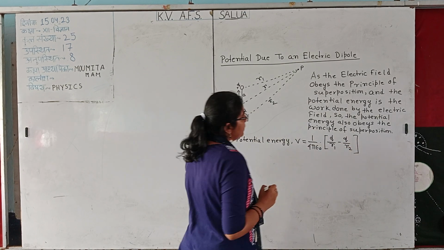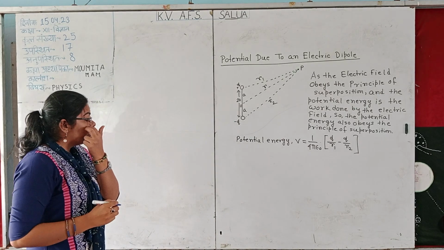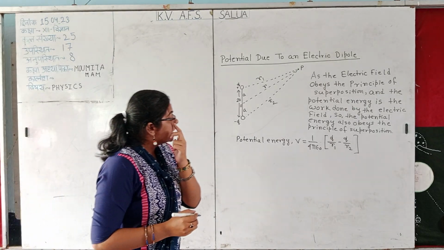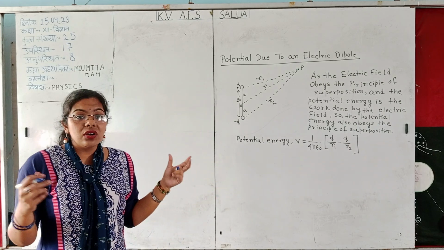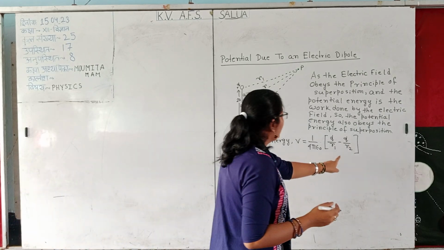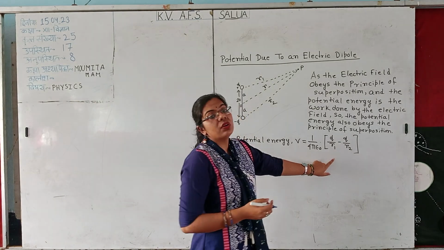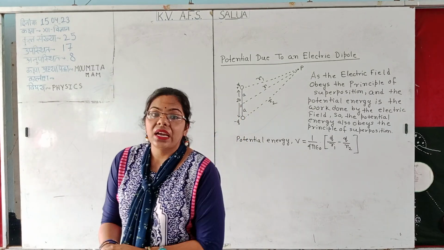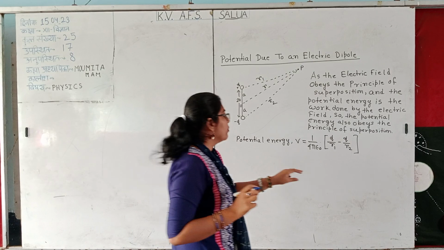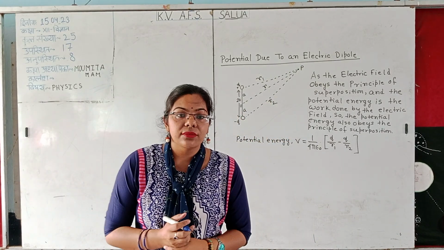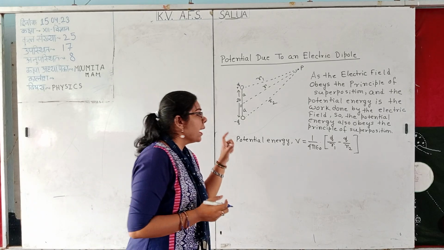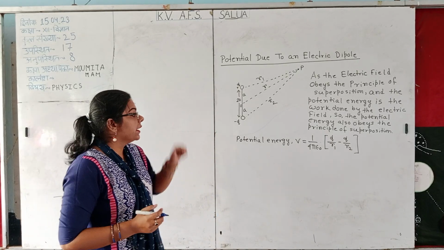This is the expression of the potential of an electric dipole. Now you cannot stop here, you have to calculate the values of r1 and r2, and put them in this expression, and from that you can calculate the actual potential of an electric dipole.